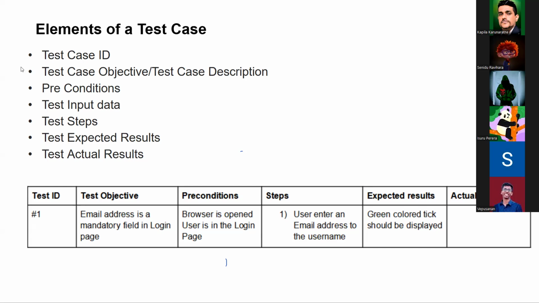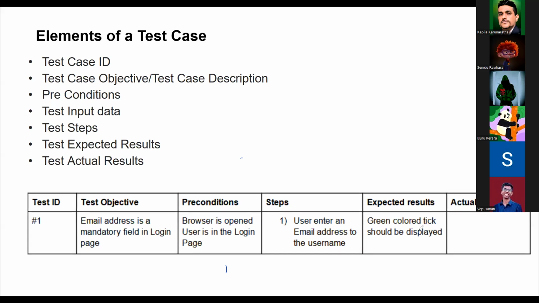But you could not get the actual results as expected, right? So think your expected result is a green color tick should be displayed, but you are getting a red color tick. That means it's saying your username is incorrect, though you entered it correctly. So then actual results and expected results are mismatched. Basically, actual results are not equal to expected results.